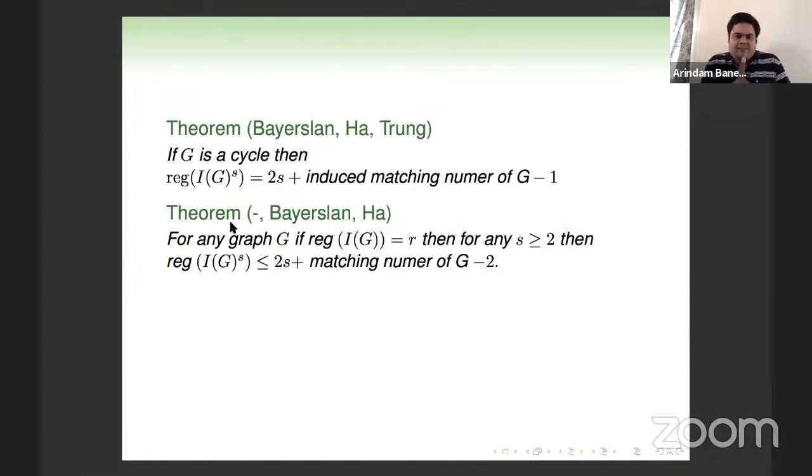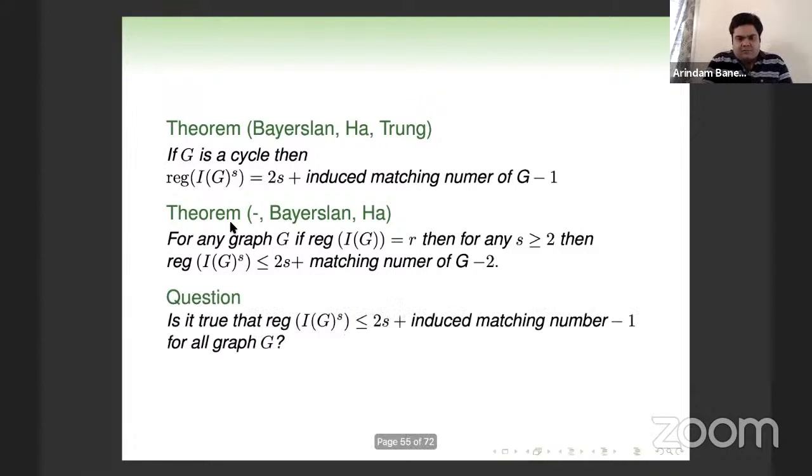So myself, Beyarslan and Hà proved that for any s greater than or equal to 2, the regularity of I(G) to the power s is at most 2s plus the matching number minus 2. Finally, the following question remains open: whether it is true that the bound 2s plus the induced matching number minus 1 works for every graph.